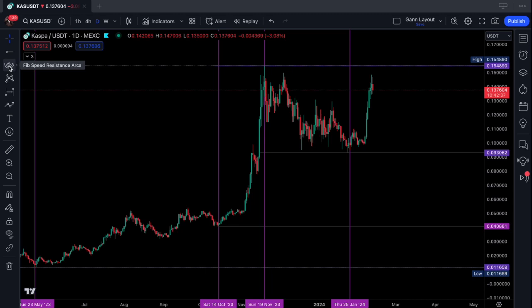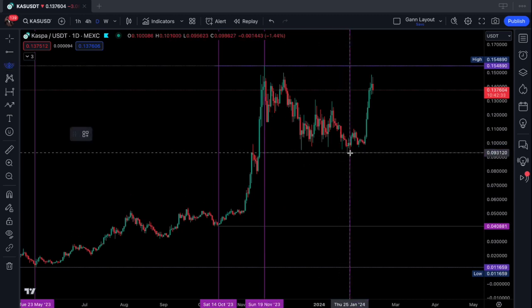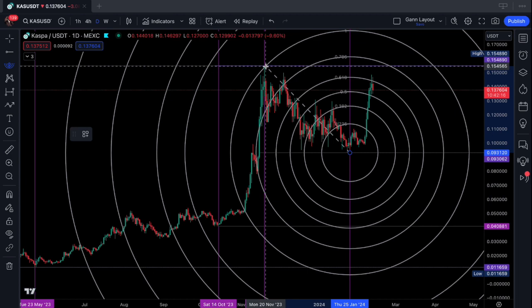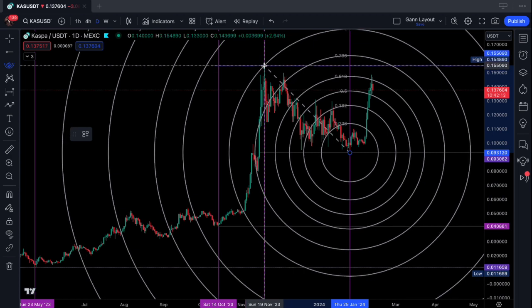Let's pick the fib speed resistance arc, and I want to find resistance from the low. You can see how the lines are making my job a lot easier. It says measure twice and cut once, right? And to the high, measure twice, cut once.